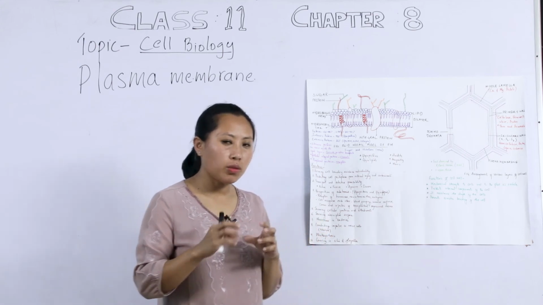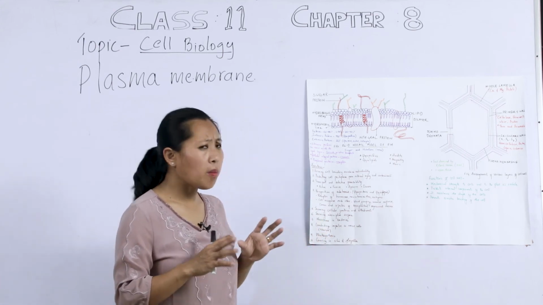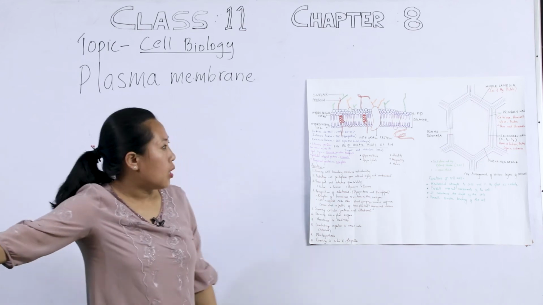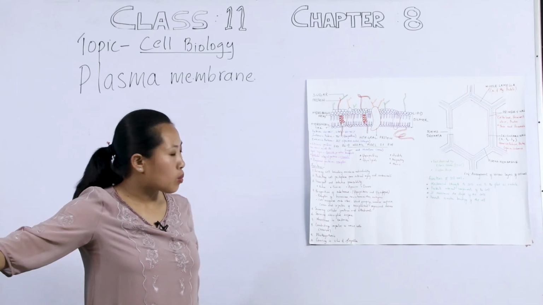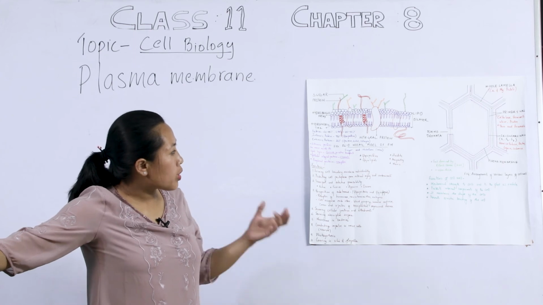The cytoplasm of neighboring cells maintains continuity with one another. This continuity of the cytoplasm of the adjoining cells is because of certain cytoplasmic strands which run through special pores known as plasmodesmata.